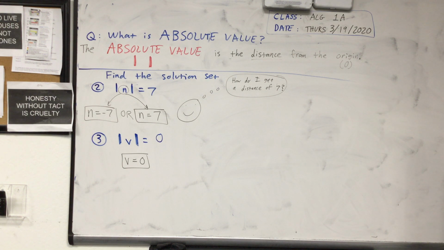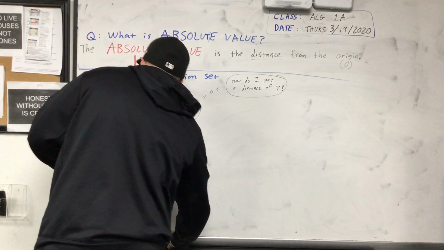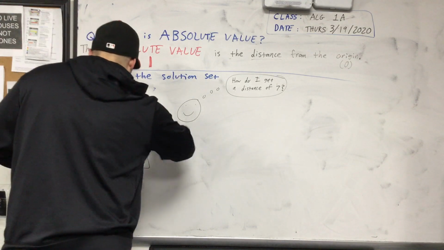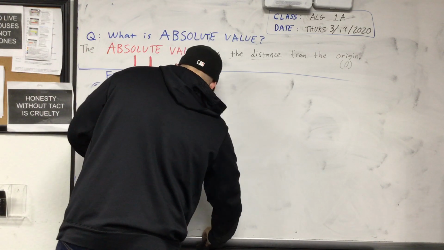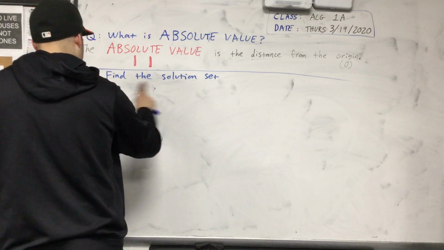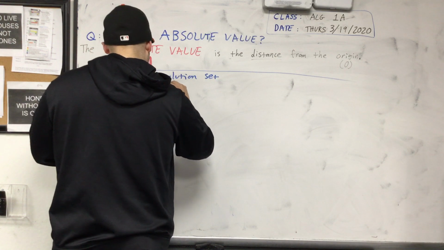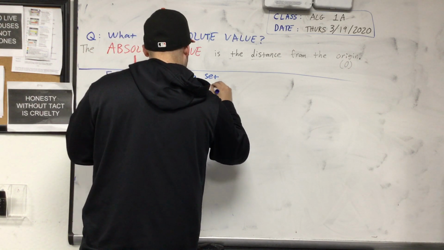Okay. All right. See if you guys can do these independently. The absolute value of x, number 4. The absolute value of w is 12.